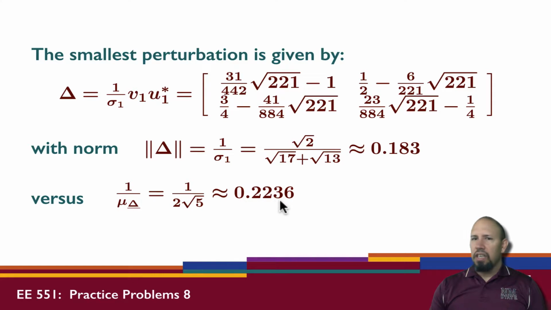And so we have that situation. Okay, so again, this number is larger than that number, which is what we were expecting. All right, so that's the first example of going through and computing the structured singular value for a particular structure.